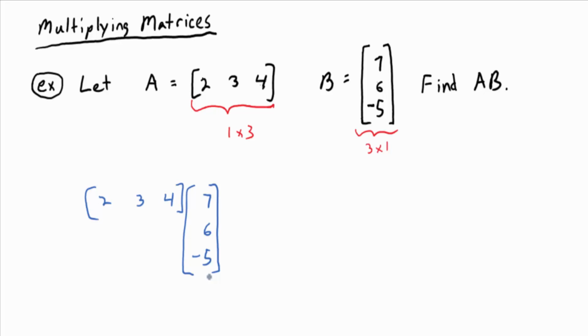Going across in the first matrix, you have the first entry 2, the second entry 3, the third entry 4. In the second matrix, you go down: the first entry is 7, the second entry is 6, the third entry is -5. So we multiply first entry times first entry, second times second, third times third, and we add together.